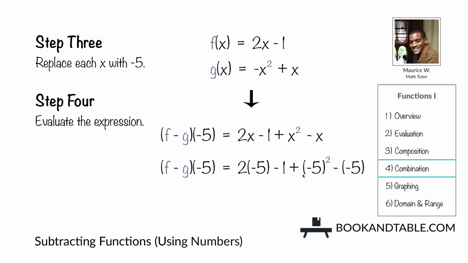And now we can evaluate the expression, which would be 2 times negative 5, which is negative 10, minus 1, plus negative 5 squared is plus 25, minus negative 5 is plus 5, and negative 10 minus 1 is negative 11, plus 25 is positive 14, plus 5 would give us 19. So we get f minus g of negative 5 is equal to 19.